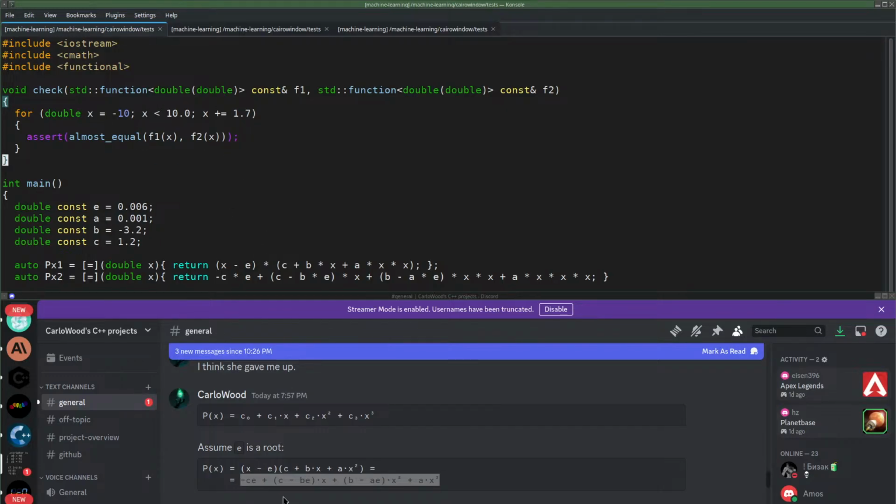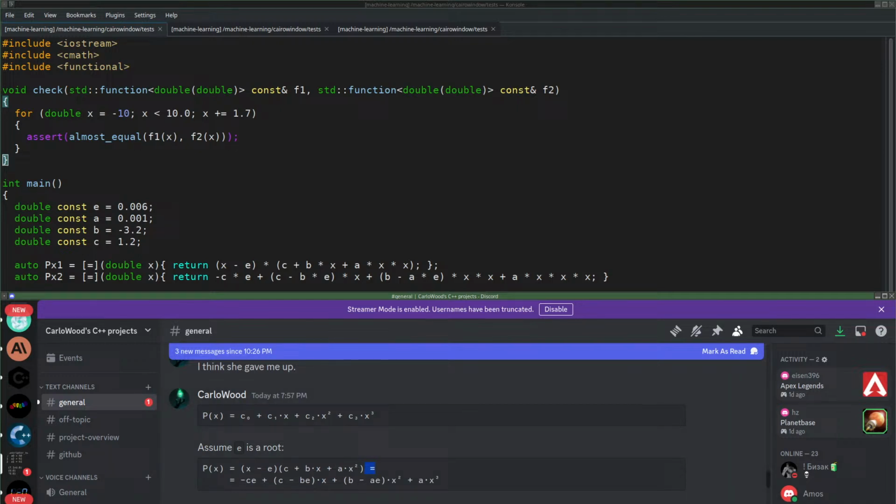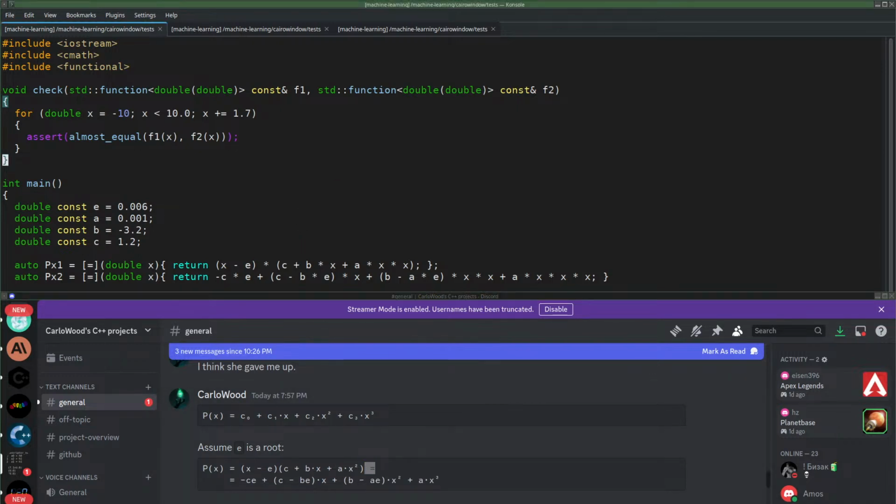Which in this case means that this equal sign is correct. Ta-da! I checked myself. No AI necessary.